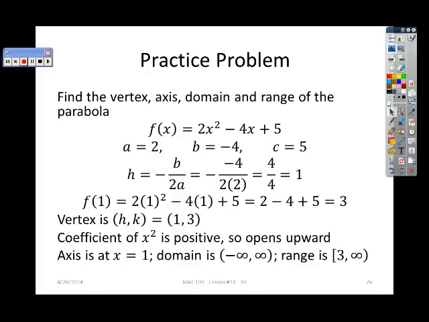In fact, for all of these polynomial functions that we're looking at right now, the domain is negative infinity to positive infinity. Now, you could have a problem limitation, but mathematically it's minus infinity to infinity. But range depends on the function. A parabola is going to have a beginning point or an ending point, but the other one's always infinity.